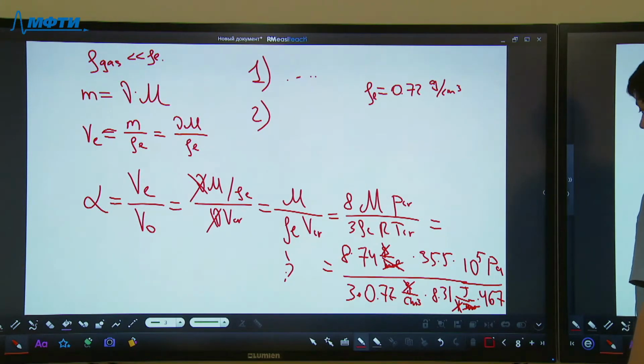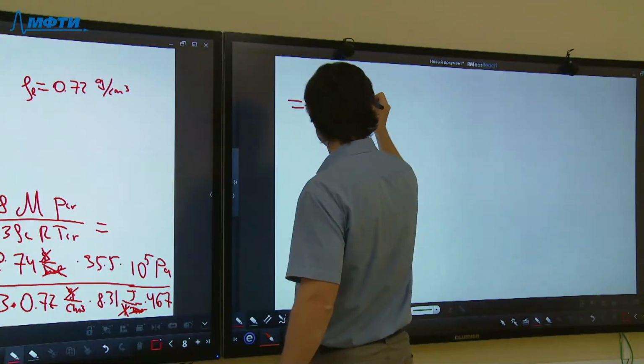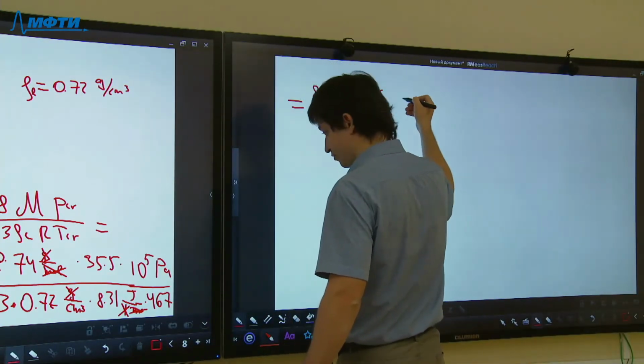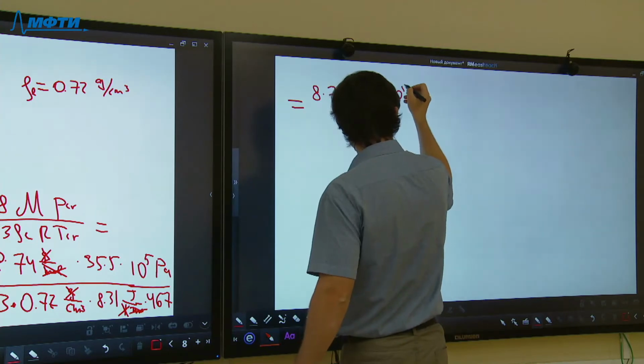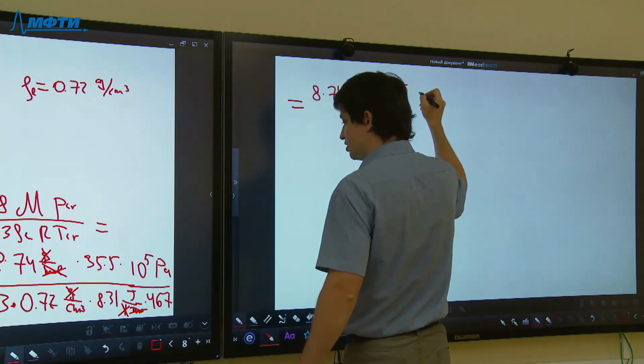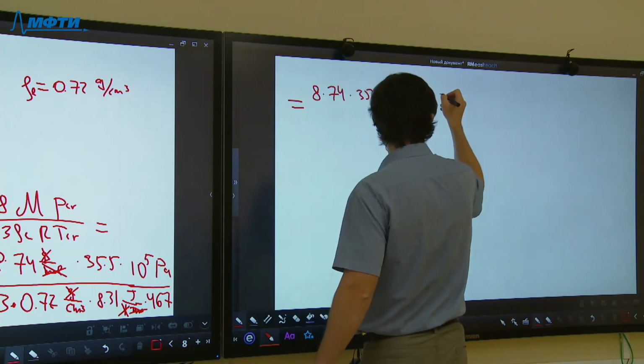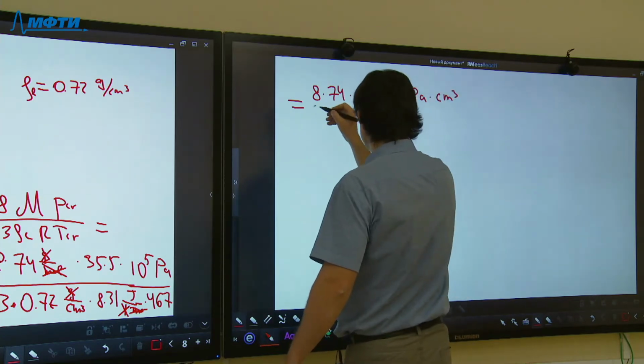8 times 74 times 35.5 times 10 to the 5 times pascal times centimeter cubed.